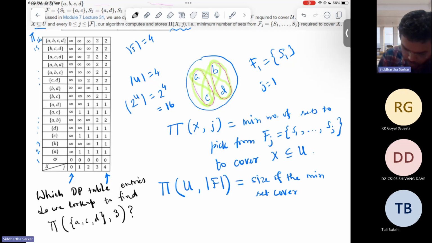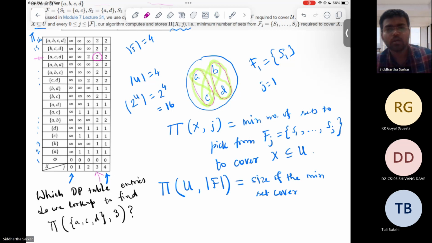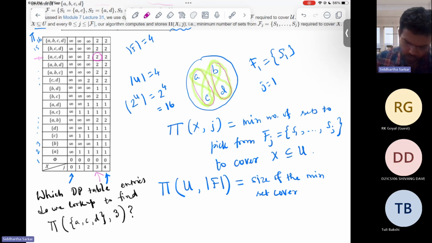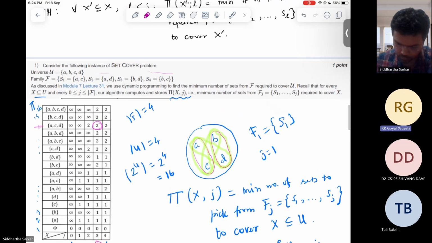So we are willing to find ACD and 3. 3 is this. We're interested in this entry. So which two entries that are already computed do we have to look up? So what is there inside the subset S3? S3 is BD, right?